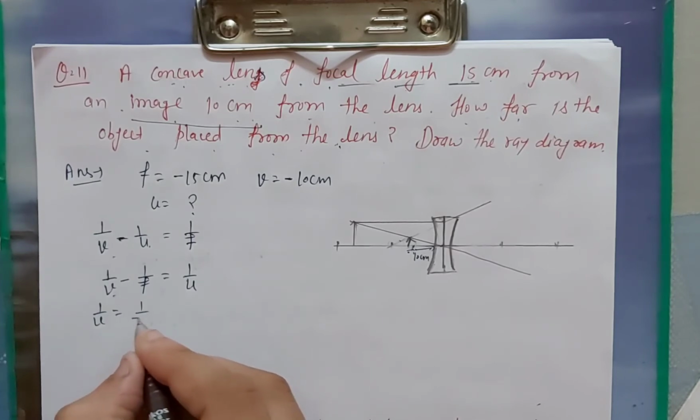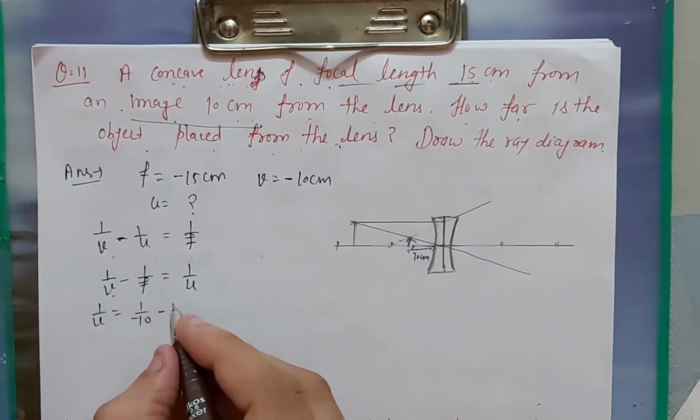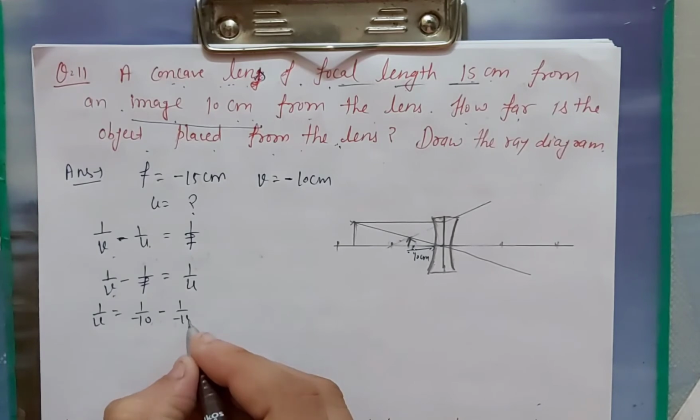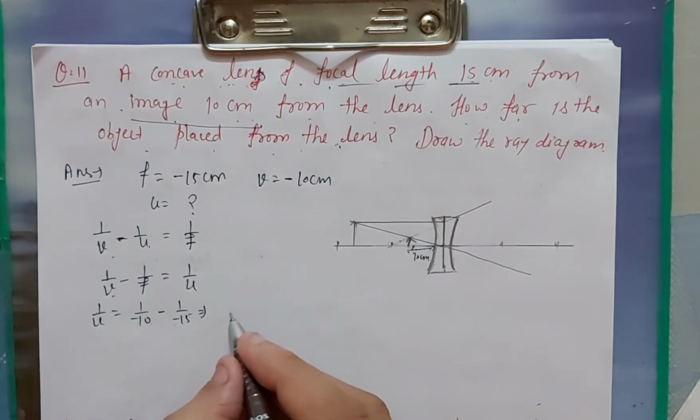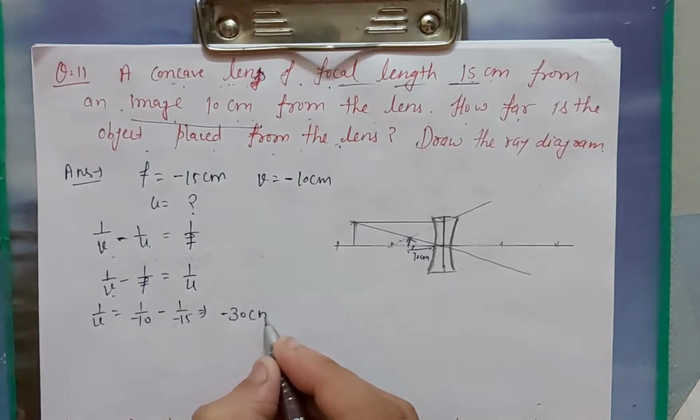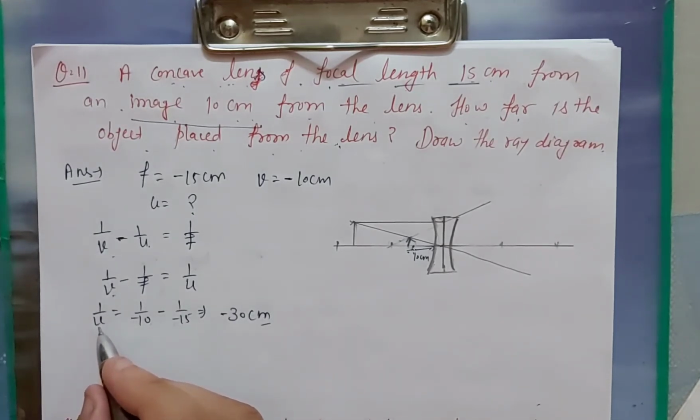v value is minus 10 and this value is 1/minus 15. Okay, so when we solve it, minus 30 centimeter.